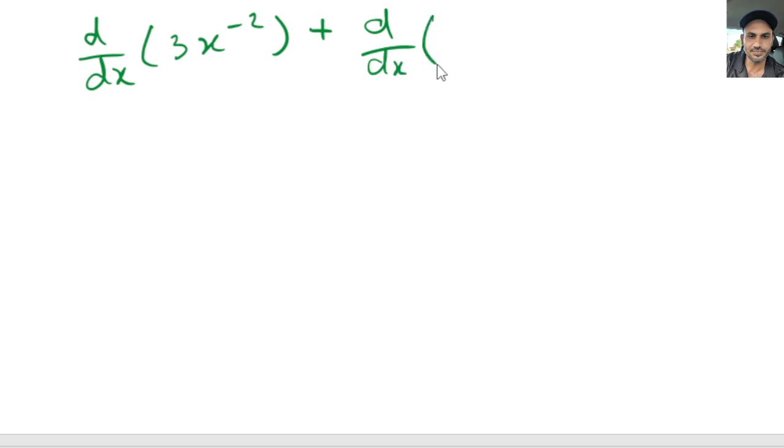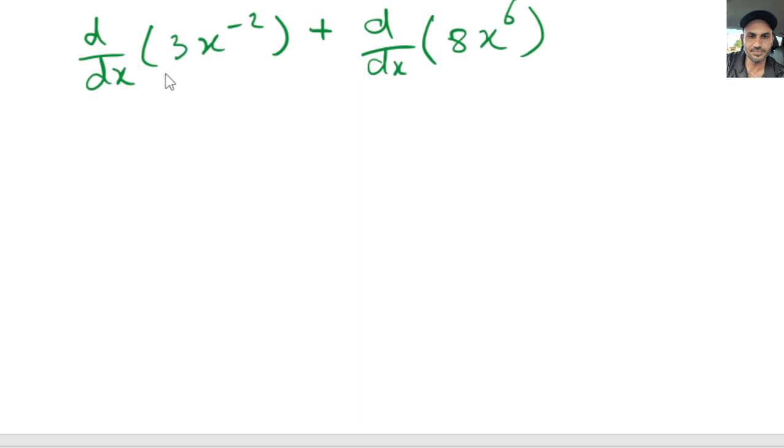We have the derivative d over dx of 3x to the negative 2 plus d over dx of 8x to the 6. From here I'm going to apply the power rule and simplify this further.